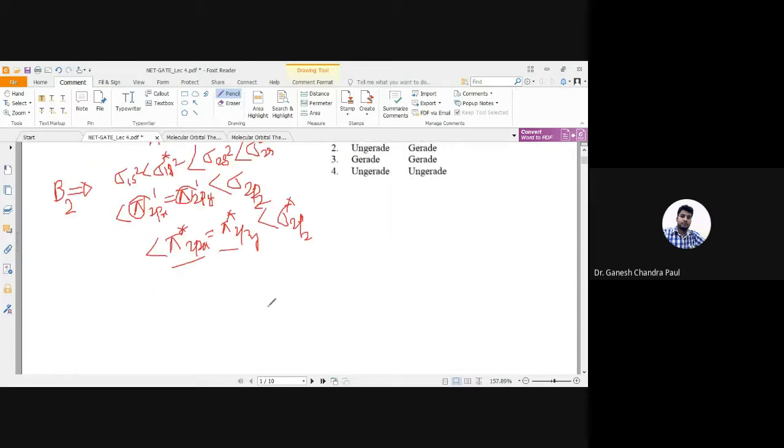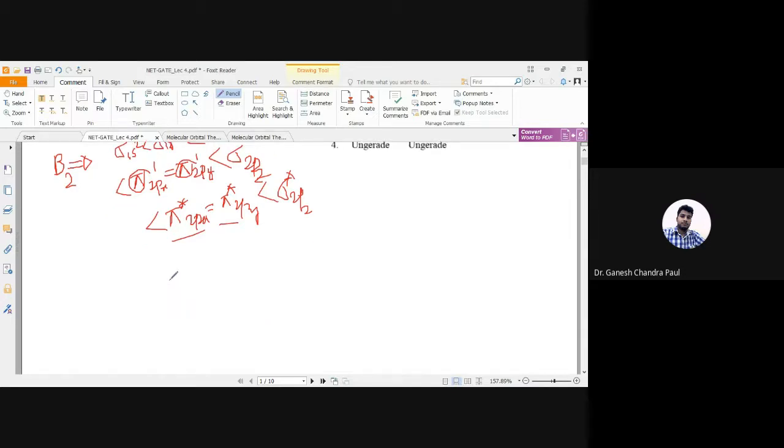Now we are going to draw the molecular orbitals. If you consider this is one boron, another boron is present like this. Now the pi star orbital, one lobe is present like this, and its symmetry, let's say, is plus, and this one is also plus. On the other hand, another lobe is present in minus.